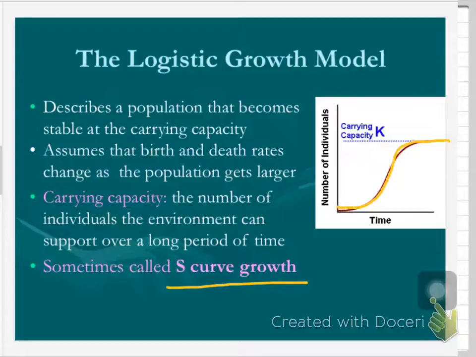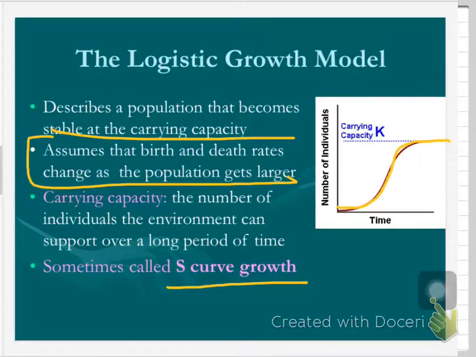And remember I said look for the word assumptions? The logistic growth model assumes that as you get a bigger population, births slow down and deaths increase a little bit. And so the growth rate tapers off, so you don't have that crazy growth.